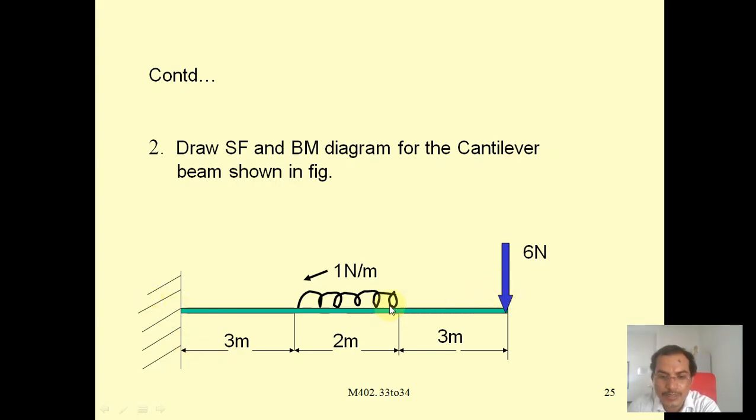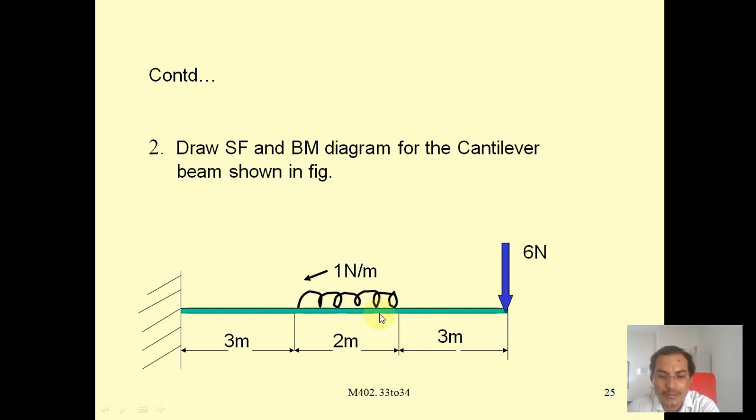This is A, B, C, D, and the distance from the fixed end to C is 3 meter. D is 5 meter from the fixed end, and the free end is the total length. We know that the total length is 3 plus 2 plus 3, so there is 8 meters total length.